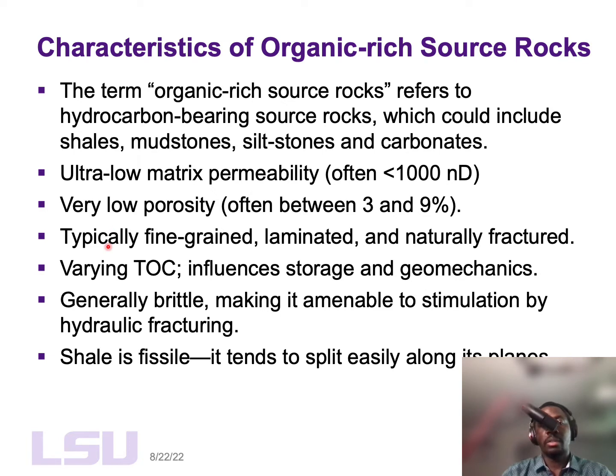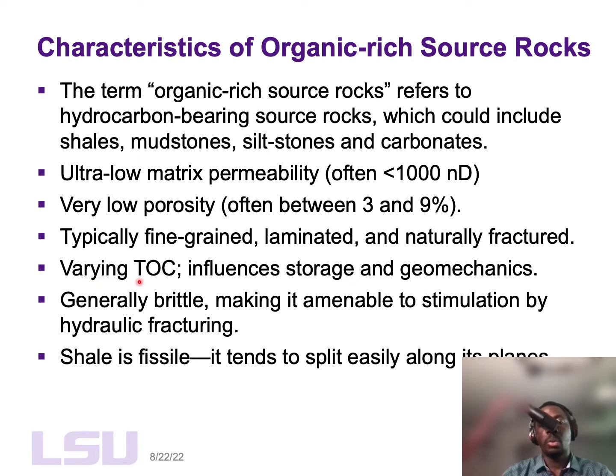The matrix is typically fine grained, so the sizes of the grains in the rock are very small, and that's why the pore spaces are also very small. It's typically laminated and naturally fractured. So you have natural fractures at multiple scales in these organic rich source rocks or shale oil and gas reservoirs.